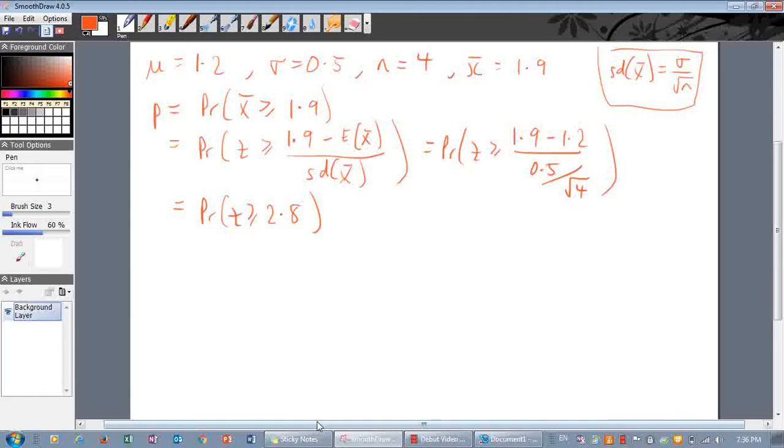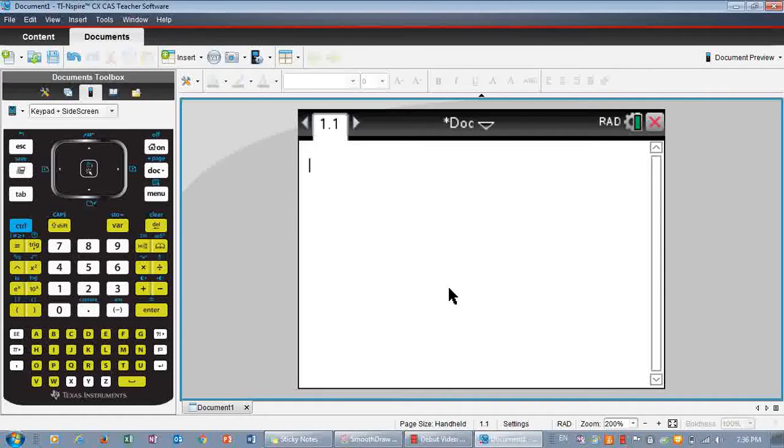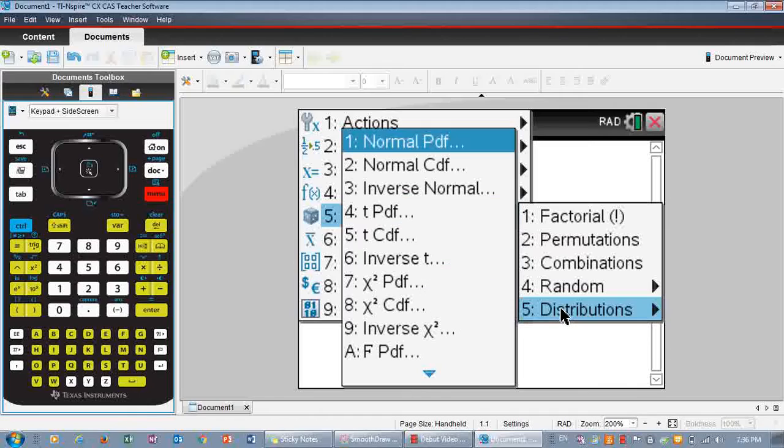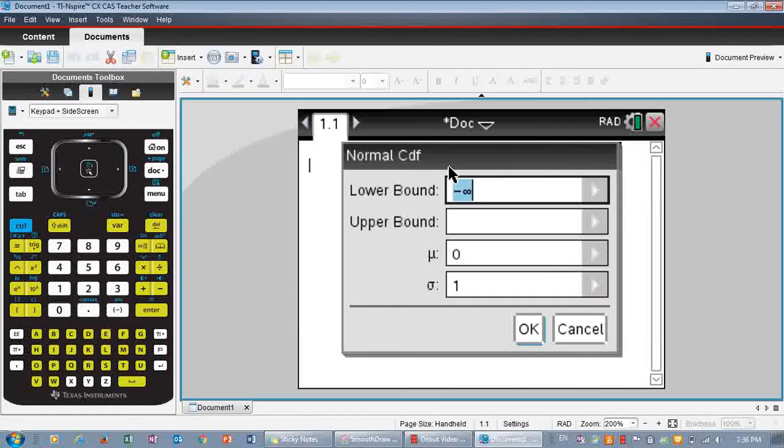You then get your trusty calculator out because you're lost without it. Menu, probability, distributions, normal CDF. We wanted to have 2.8 up to infinity.